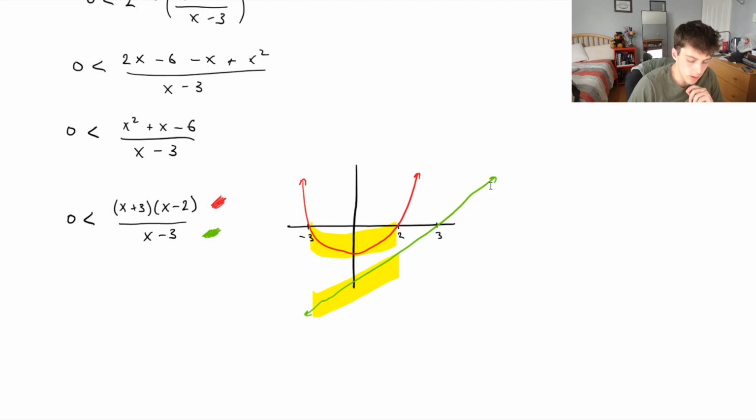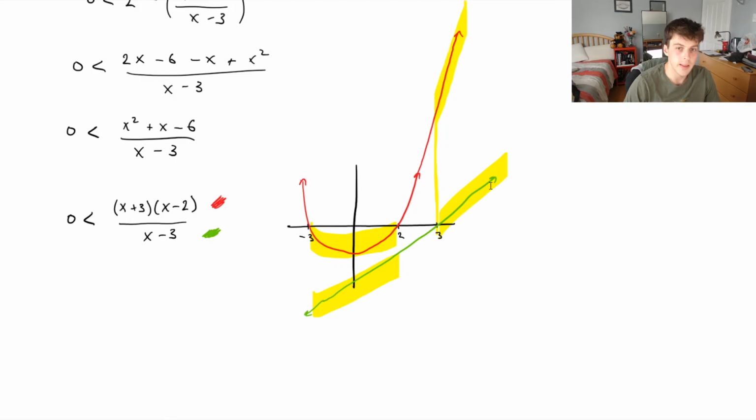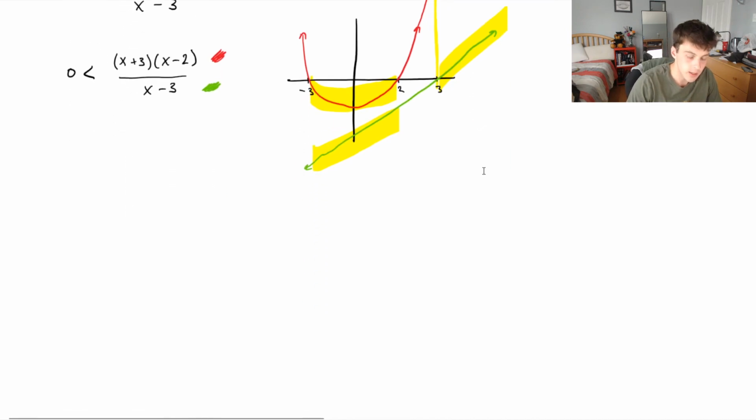And then there's one more, which is a little bit hard to see from the scale that I've drawn this at. But if we extend this quadratic all the way up, you should be able to see that they're both positive once x is greater than 3, in this region here.